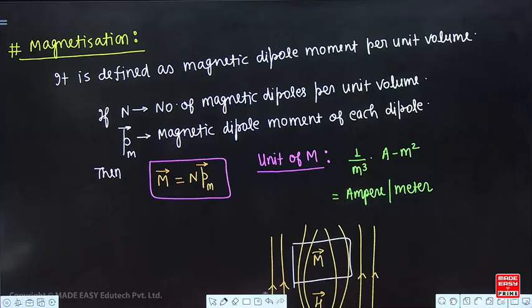Yes, magnetization and polarization are analogous to each other. The only difference is that there we talk about the behavior of material under the influence of electric field. Now here we are talking about the behavior of material under the influence of magnetic field, nothing else.